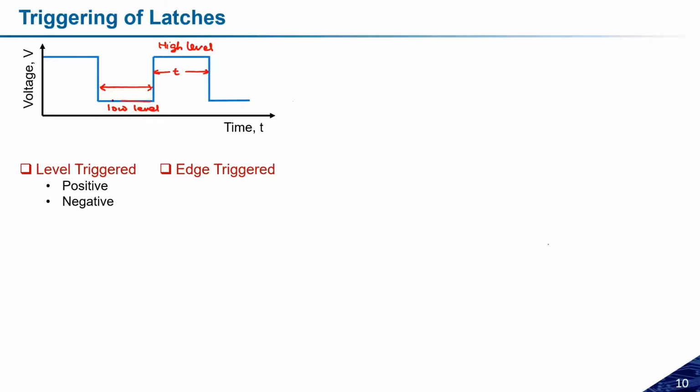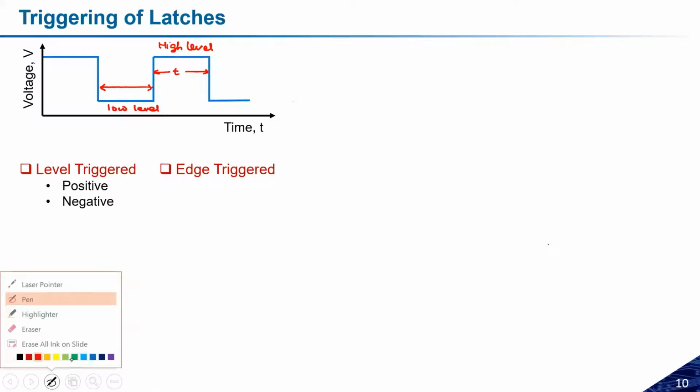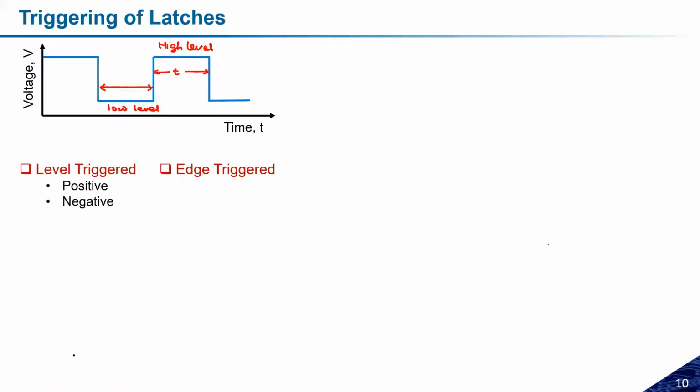So instead of levels, we will trigger the circuit at edges of transition, either from high to low or low to high. Suppose I have a transition from low to high. This is the rising one. There could be another transition from high to low, which we call the falling one.